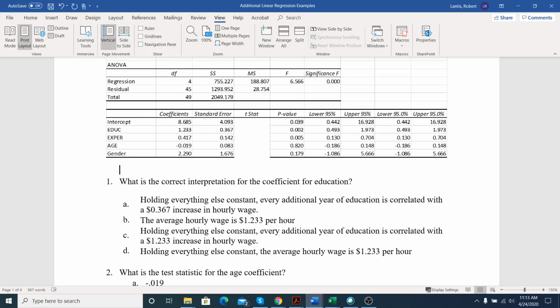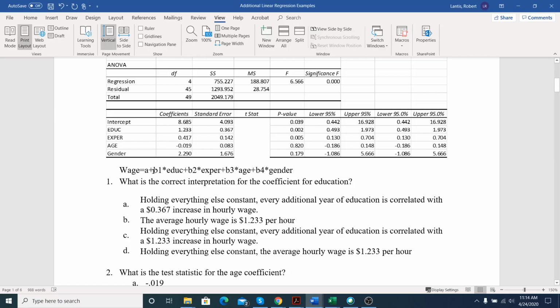So really what we're doing with this linear regression is estimating the following equation. We're going to have the intercept plus the coefficient on education times education, plus the coefficient on experience times experience, plus the coefficient on age times age, plus the coefficient on gender times that gender variable.